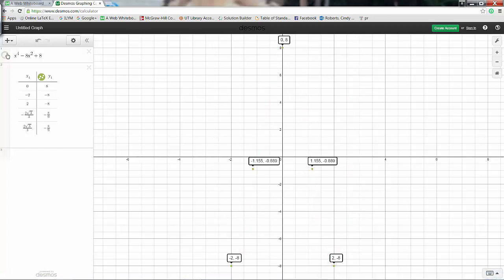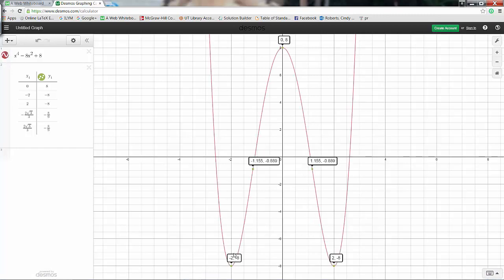In fact, I can get rid of the graph so you can just see the points there. And then based off of my information, I know it's decreasing on this interval, increasing, decreasing, increasing, and I can see what my picture looks like.